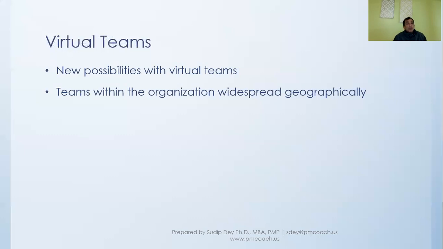For example, we can have teams spread out geographically, and we can really work together. For example, one person might be in Bangalore, another person in Toronto, another in New York, and another in London. And these people across the globe can work together.